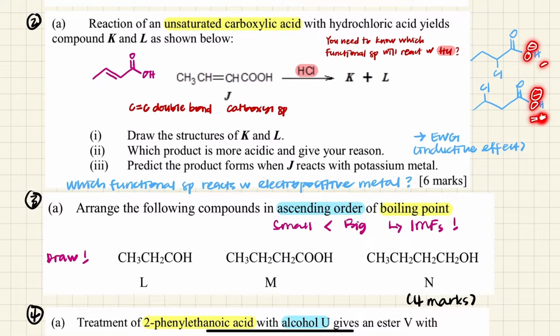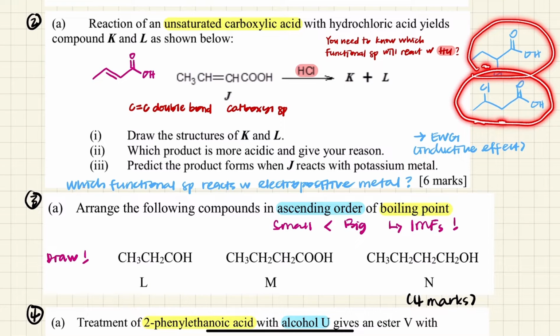That means it is more acidic than this first product, because in this one the position of your electron withdrawing group is closer to the carboxylate ion. So more electron density is being pulled, or it has a stronger inductive effect, which makes this one less acidic than this one, the one with the electron withdrawing group further from the carboxyl group.